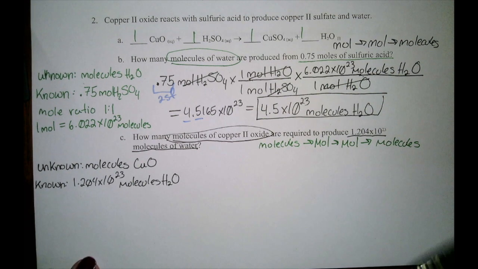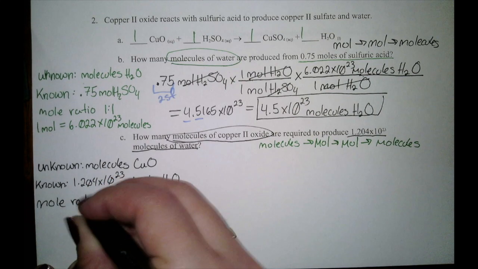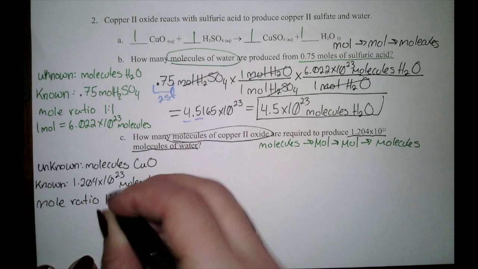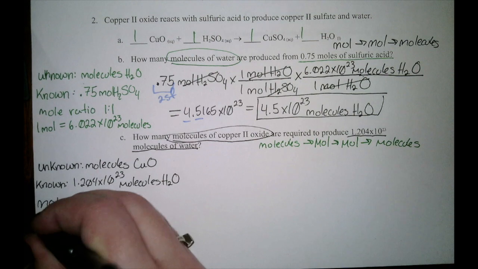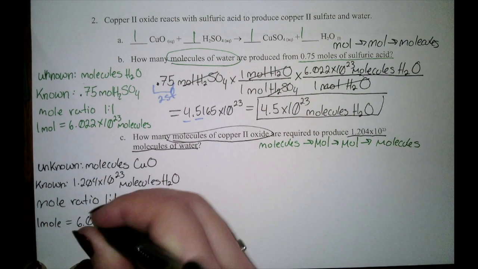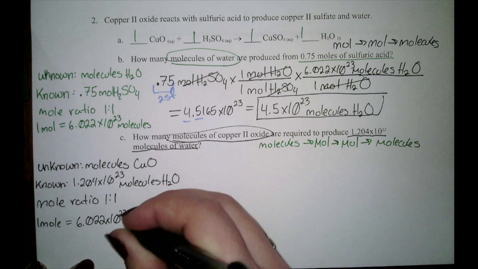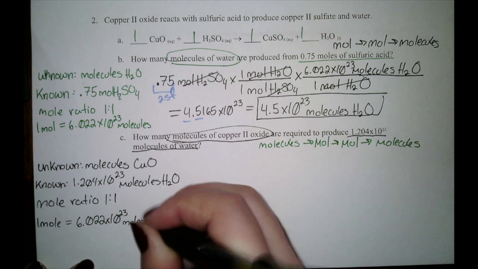We still need to know our mole ratio, which again in this problem for everything is 1 to 1. And we still need to know Avogadro's number. 1 mole equals 6.022 times 10 to the 23rd molecules.